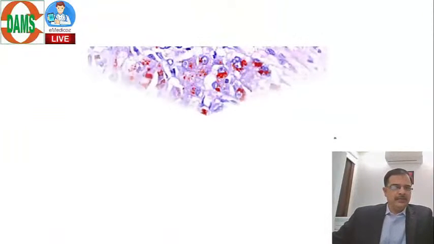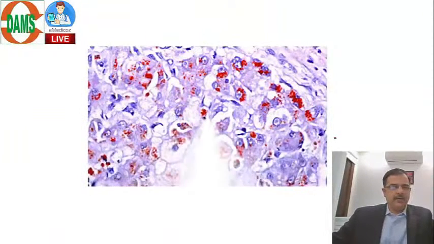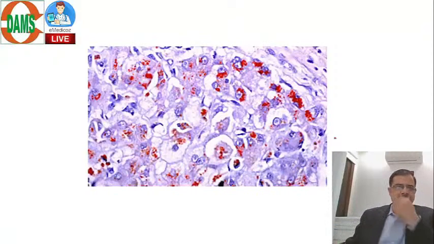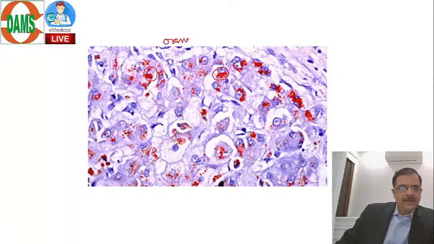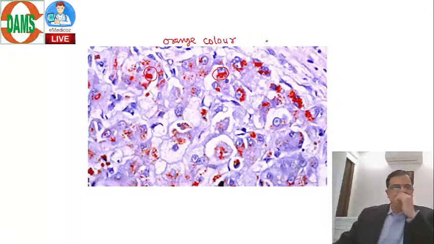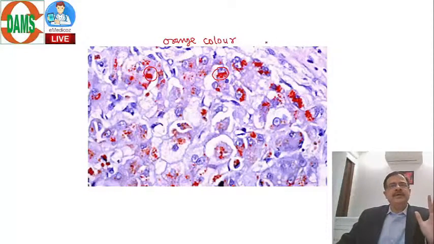Now, coming to the biopsy finding of Wilson disease, here you can see orange colored particles in the liver specimen. So just make it a point that it is Wilson disease. This is a rhodanine stain.